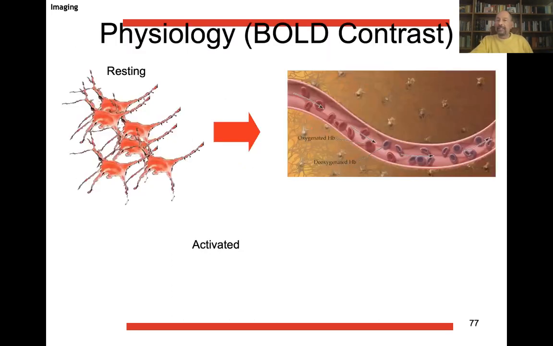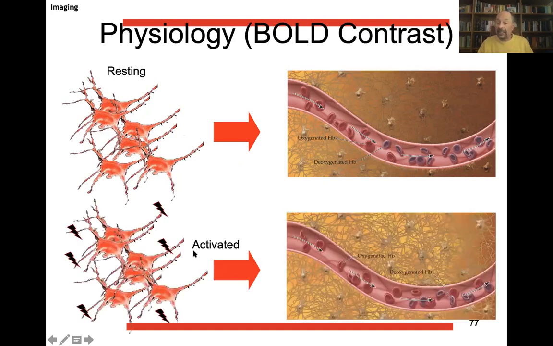So this is the so-called BOLD contrast. If you have resting neurons, this will be the situation. This is oxygenated hemoglobin, and this is deoxygenated hemoglobin.